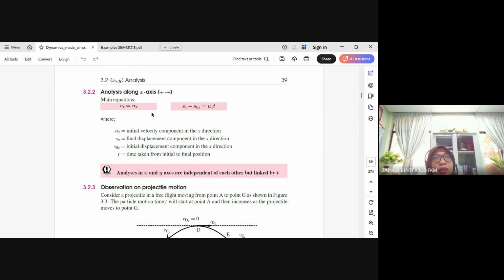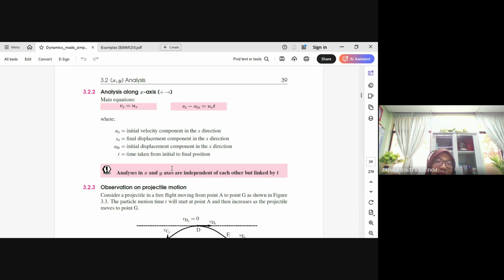Once you have the initial velocity in the x direction, Ux, it will always be the same as Vx. The second equation is Sx minus Sox equals Ux t. The difference of x is equal to the initial velocity times the time taken.